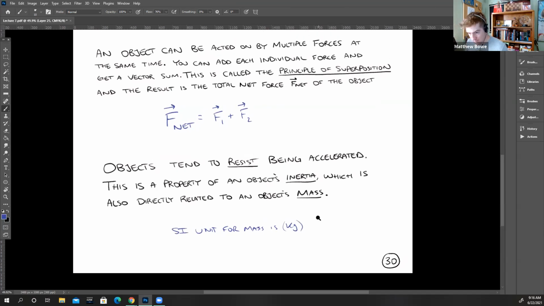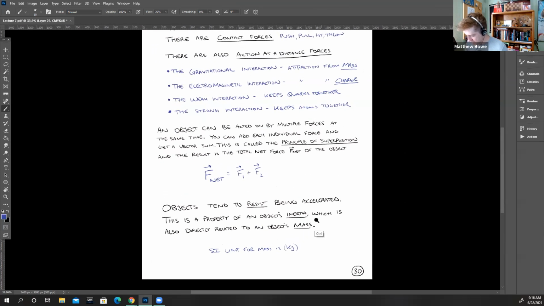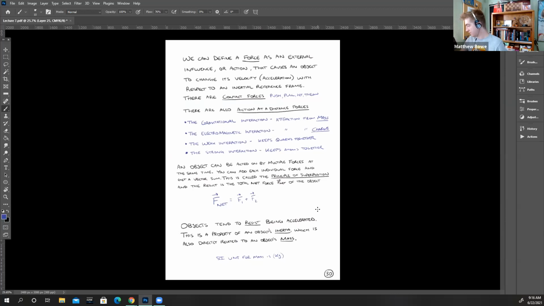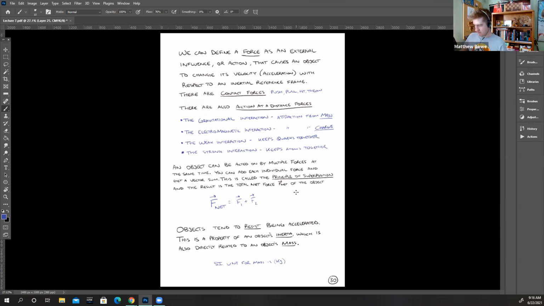Okay, and yeah, I think I have to stop right here because I'm out of time. I have one more page, and we could start right here tomorrow. All right, so we're beginning chapter 4.